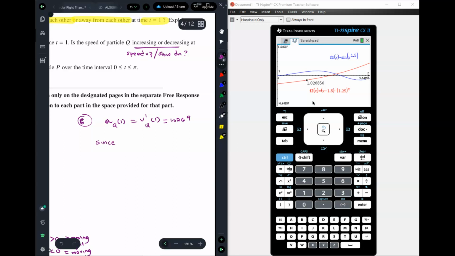So we say, since the acceleration at 1 is greater than 0, and the velocity of q at 1 is less than 0, therefore the speed is decreasing.